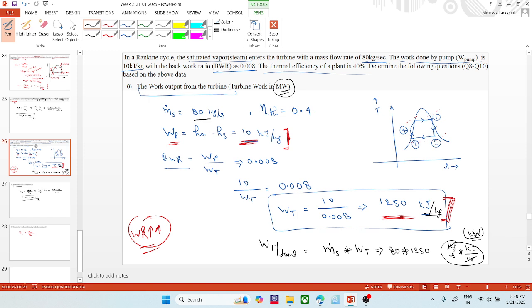But they have asked in megawatt, so to convert into megawatt, I am dividing it by 1000. So that the unit would become megawatt, and this value would be 100 megawatt.